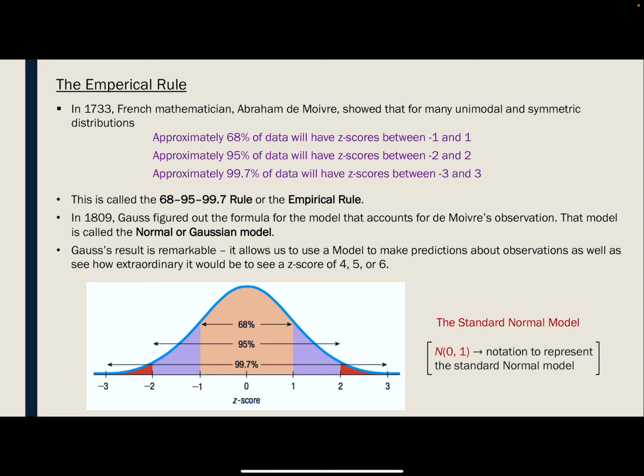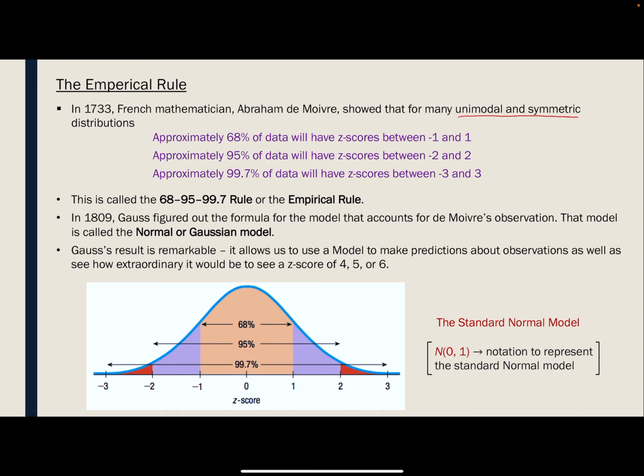A few hundred years ago, a French mathematician, I'm not going to try to say that name, showed that for many unimodal and symmetric distributions, approximately 68% of data will have z-scores between -1 and 1. 95% of the data will have z-scores between -2 and 2, and 99.7% of the data will have z-scores between -3 and 3.